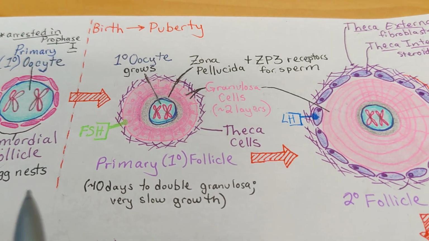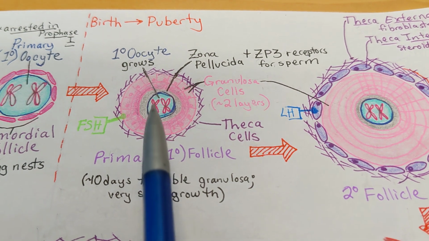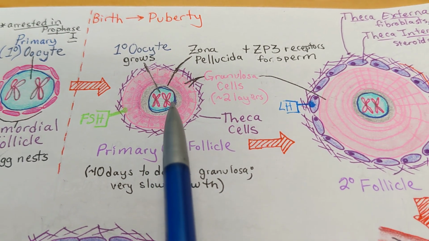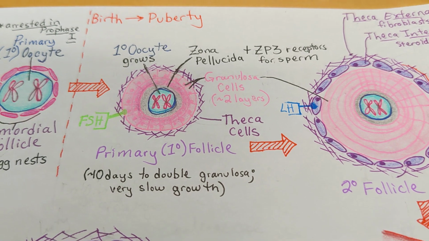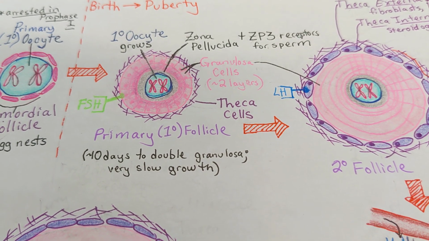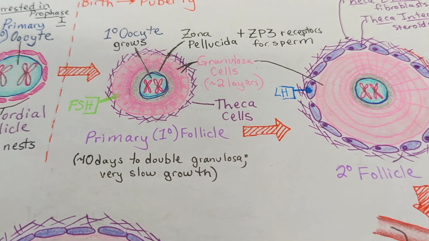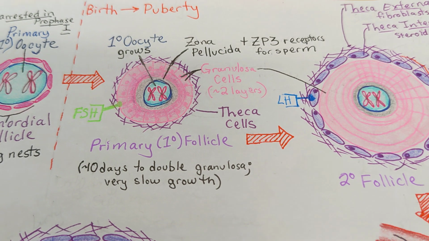At this point, the primary oocyte isn't really going to change. It gets a little bit bigger, but the chromatids are still arrested in prophase 1, just like they have been maybe for 10 years, 12 years, 20, 30, 40 years since she was born until this particular month, this particular cycle.